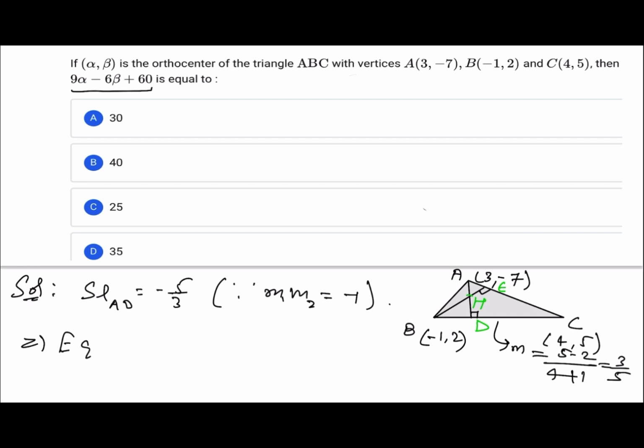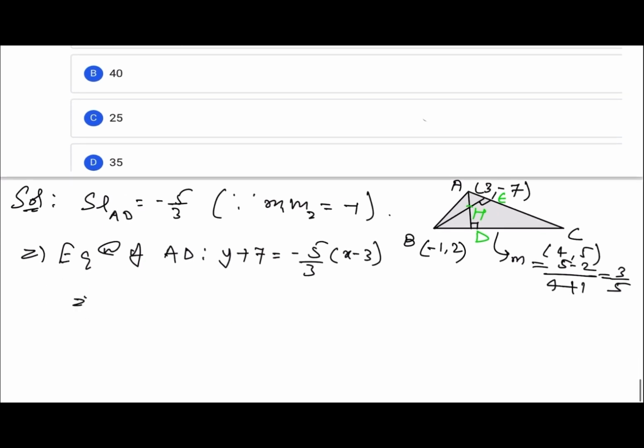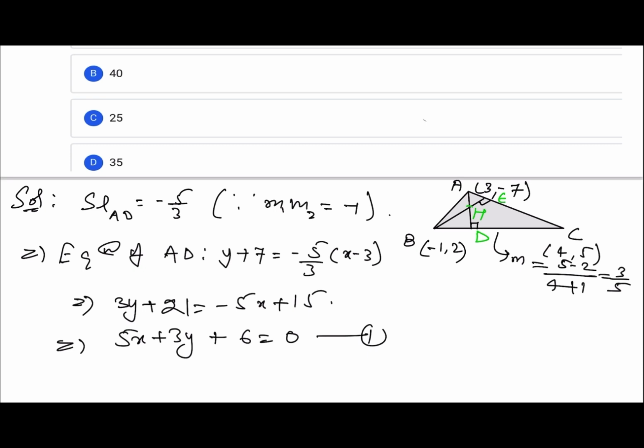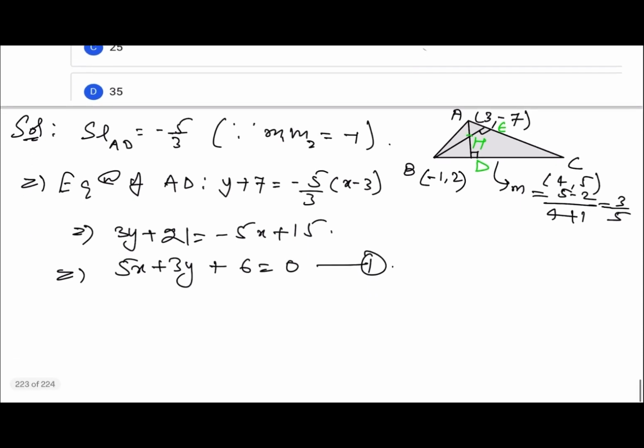So equation of AD is y minus y1 is equal to slope times x minus x1. So this will be 3y plus 21 is equal to minus 5x plus 15, so 5x plus 3y plus 6 is equal to 0. Say this is equation 1.